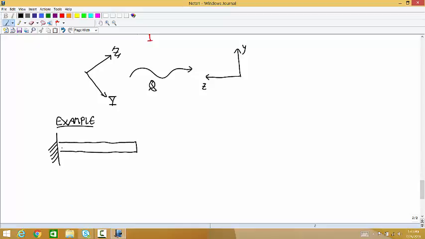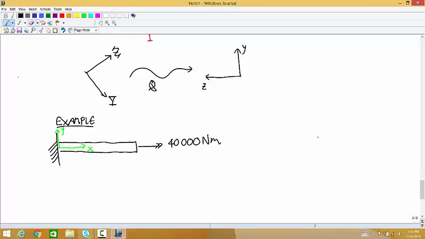So let's say we have this cantilever beam with a torque of 40,000 Newton meters pointing to the right. Our coordinate system is like this. The x-axis along the beam, the y-axis up, the z-axis towards us.